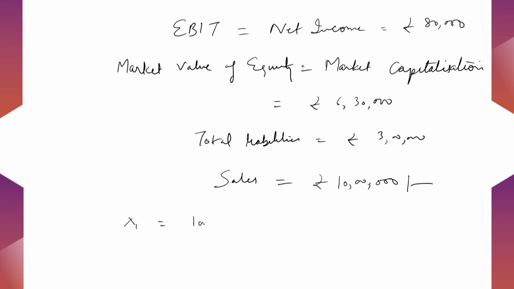So x1 will be 1 lakh divided by 6 lakh, which is approximately 0.167. Now we compute x2, which is retained earnings divided by total assets. We computed the retained earnings of rupees 60,000, to be divided by the total assets of 6 lakhs. So we got the value of 0.10.